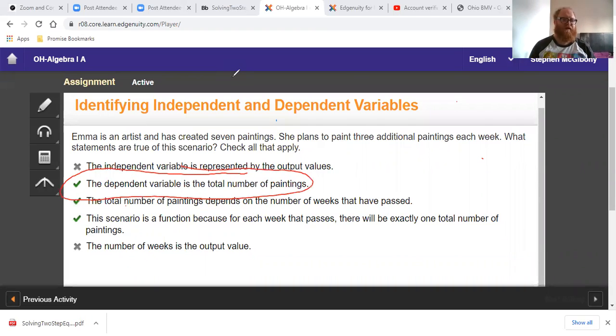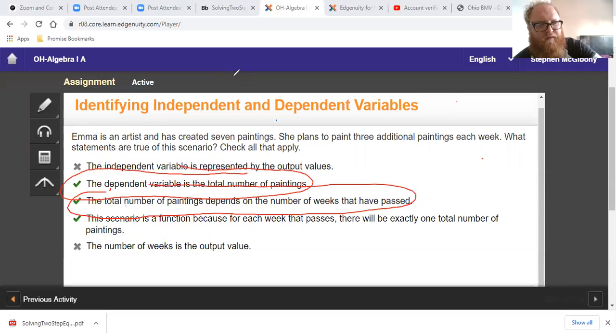So hopefully that makes sense. I mixed up my words, but since the total number of paintings depends on how many weeks she's painting, that is called the dependent variable. The total number of paintings depends on the number of weeks that have passed. So the number of weeks is the independent variable. As she paints for more weeks, the total number of paintings is going to go up.